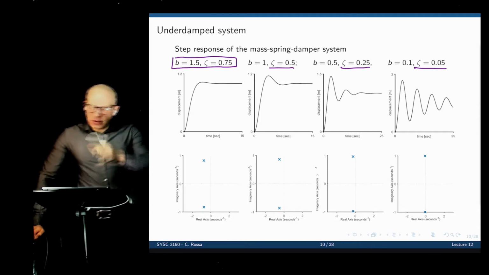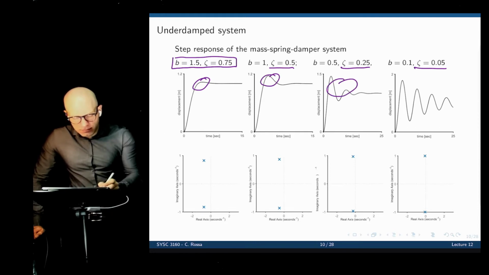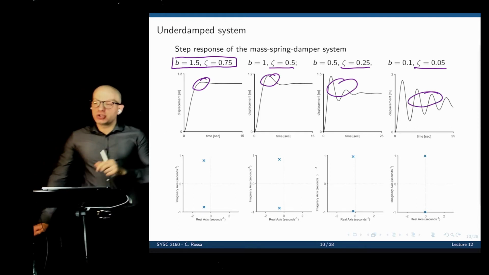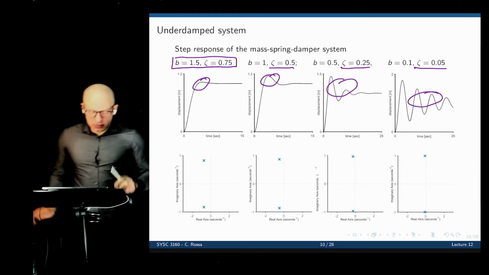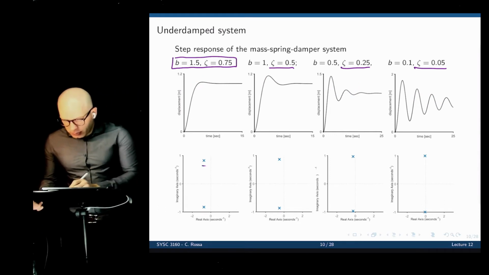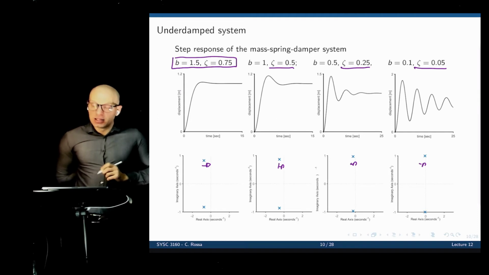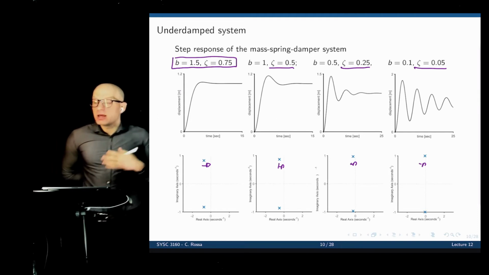And notice how now these oscillations show up in the step response of the system. And these oscillations get more and more pronounced, the smaller the damping ratio. And the smaller the damping ratio, also notice that the poles are moving closer and closer to the imaginary axis. They are tending to a purely imaginary component.